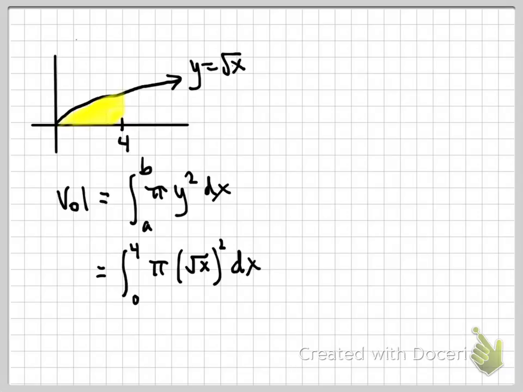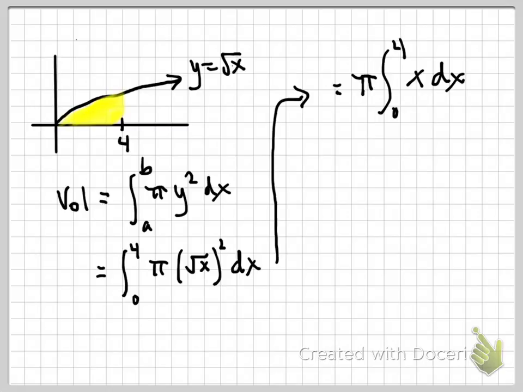So now we just need to simplify this. We know that pi is a number, and we've always said we can take constant numbers out in front, so that's what I'm going to do. We're going to go from 0 to 4, and then the square root of x squared would just be x, dx. So then we take that integral, and the integral of x would be 1/2 x squared from 0 to 4.